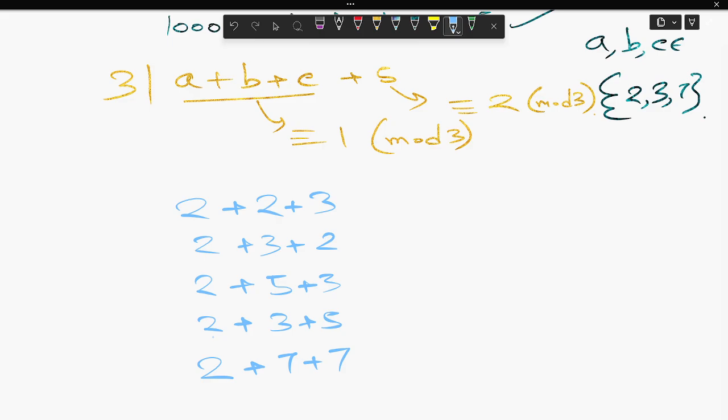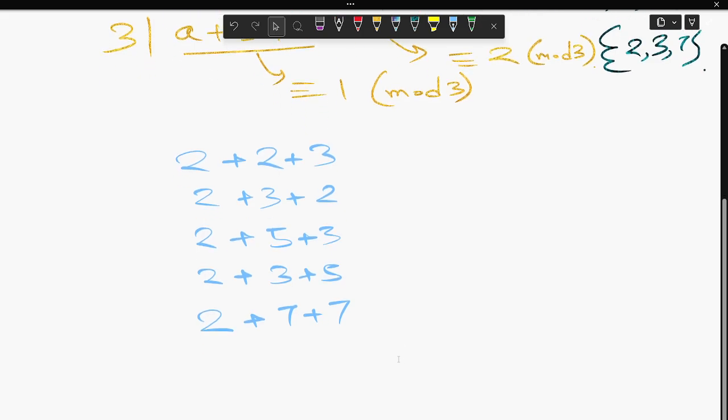So 2, 7, 7 will be equal to 16, and 16 is 1 mod 3. So these 5 cases will arise if we take 2 in the first place. Now let us take 3.